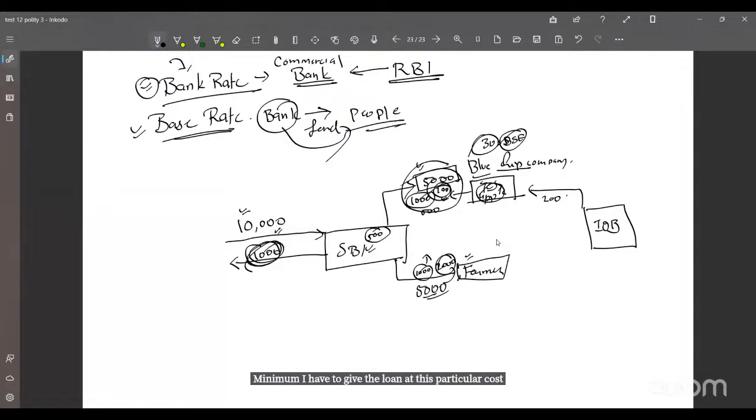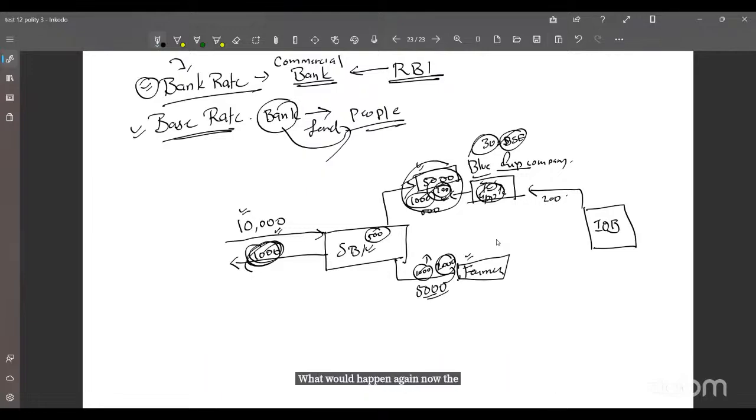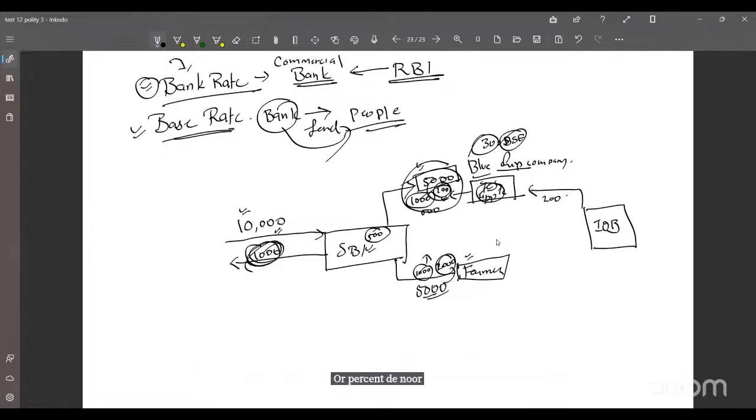If I don't give loan at this particular cost, what would happen அப்படின்னு பாத்தீங்கன்னா, the bank cannot be run அப்படின்னு சொல்லி ஒரு பேசிக்கான ஒரு மினிமம் அமௌண்ட் ஆஃப் பர்சன்டேஜ் ஆஃப் இன்ட்ரெஸ்ட் வந்து they will declare in the first hand itself. முதல்லயே சொல்றாங்க ஒரு 11% சார், 11%க்கு கம்மியா நான் வந்து இன்ட்ரெஸ்ட் ரேட்டை குறைச்சேன்னா என்னால பேங்க் ரன் பண்ண முடியாதுன்னு சொல்லிடுவாங்க.